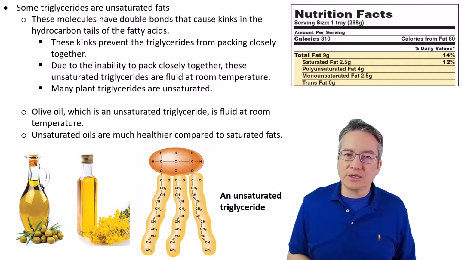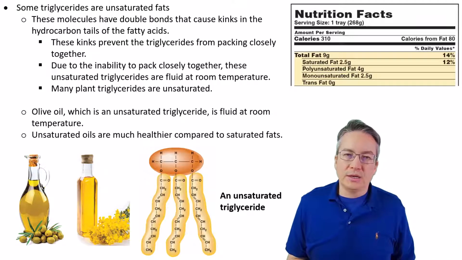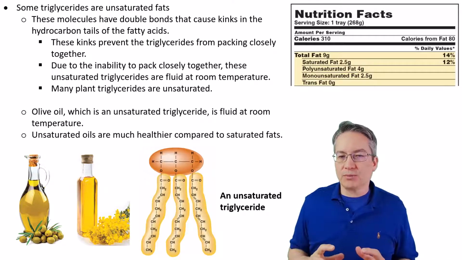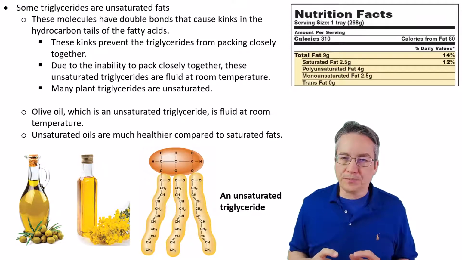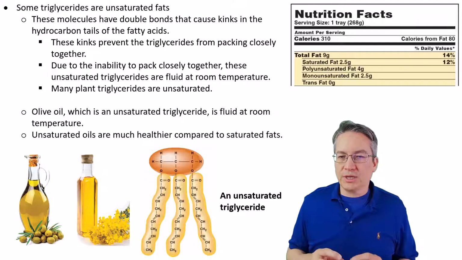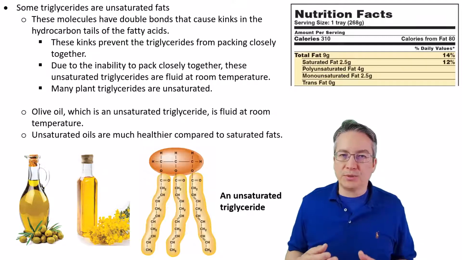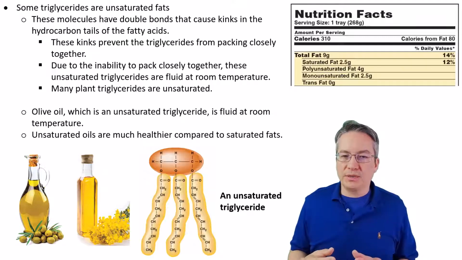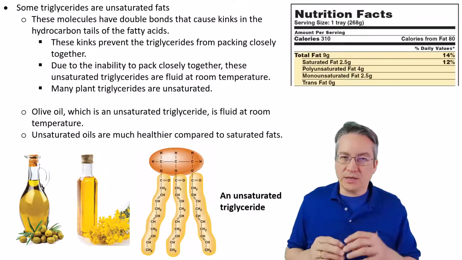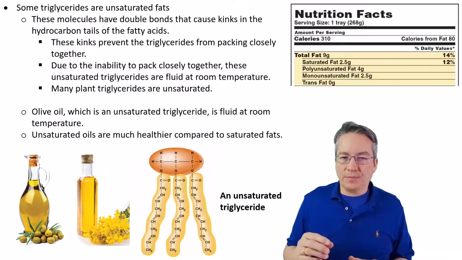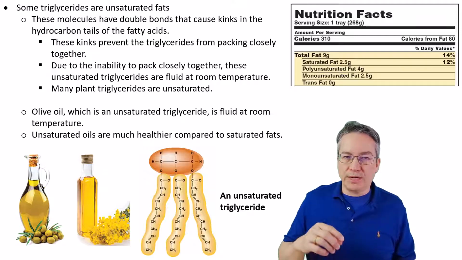Now, the last thing I just want to quickly mention, because it's kind of a big factor for health, is trans fats. So trans fats are actually synthesized. What they do is they take typically unsaturated triglycerides, and they expose them to a chemical process in which they actually put in a double bond between carbon atoms in the hydrocarbon tail. But unlike the healthy ones, which have this kink in them, these double bonds lead to a straight structure.